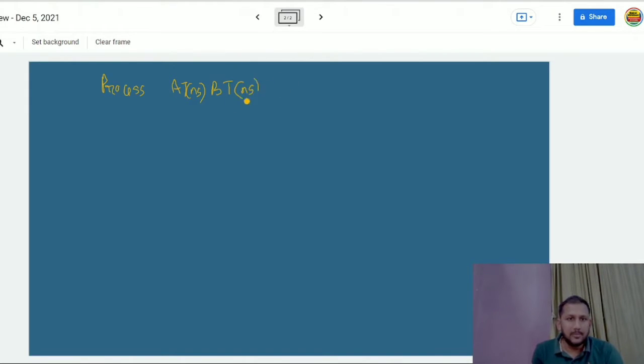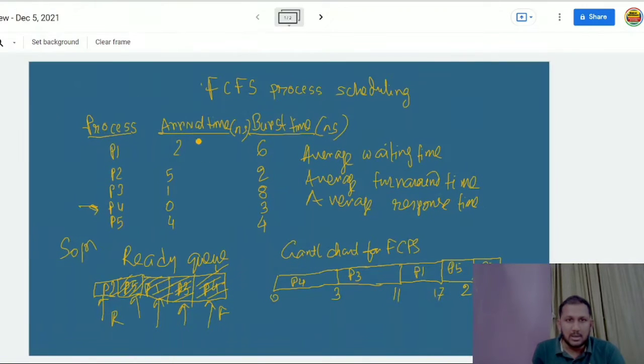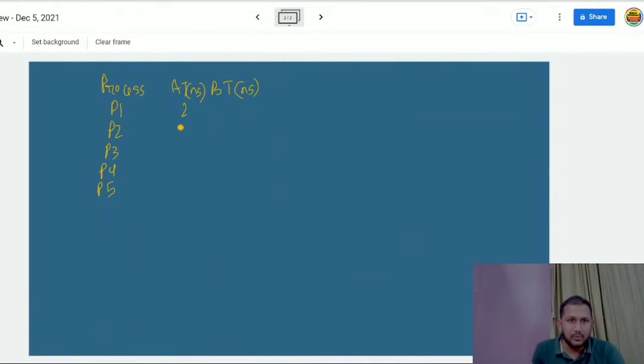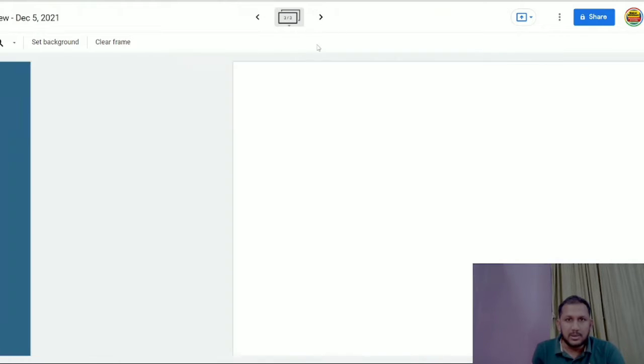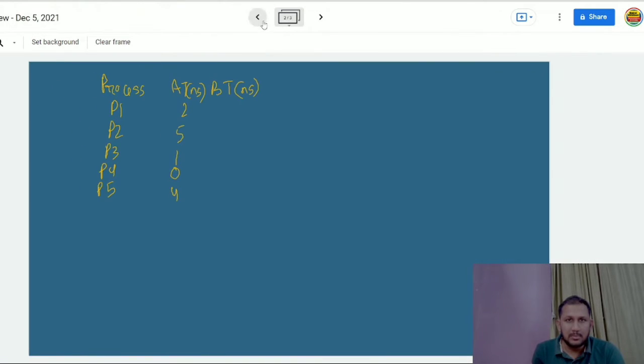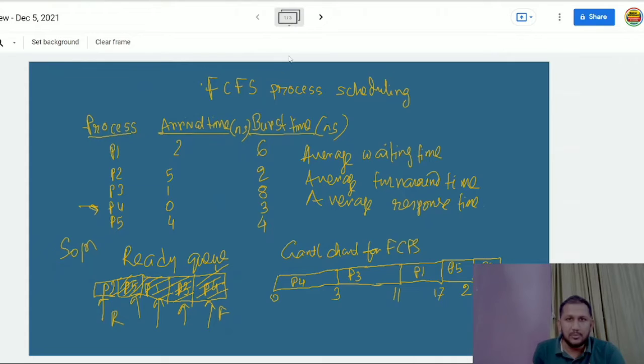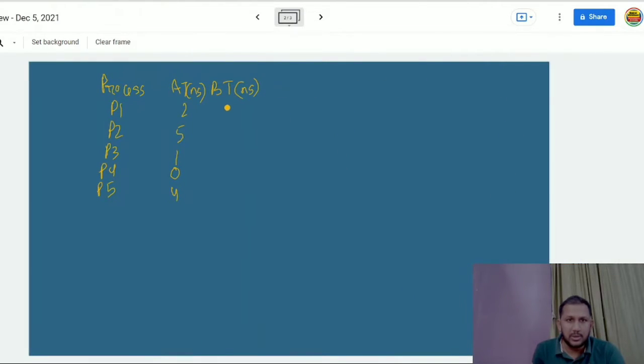The processes are P1, P2, P3, P4 and P5, with their arrival times and burst times. Next, we have to calculate the completion time.